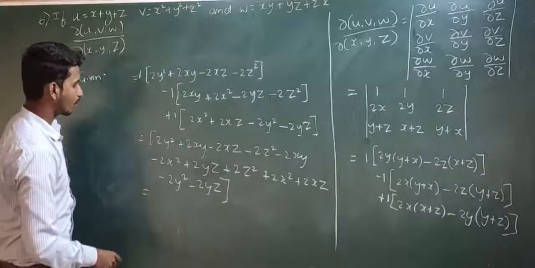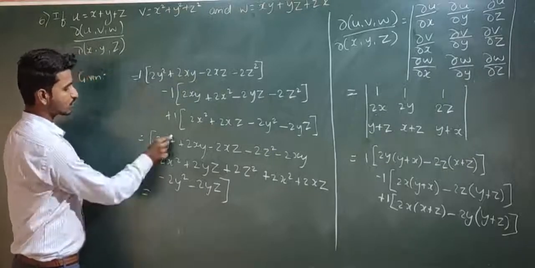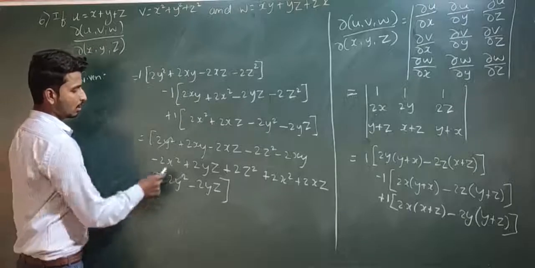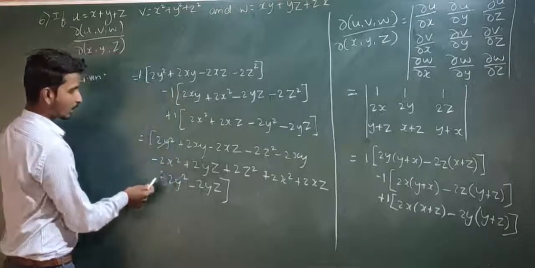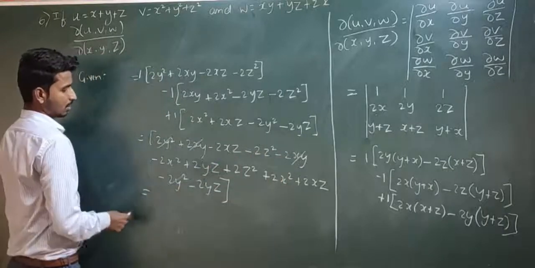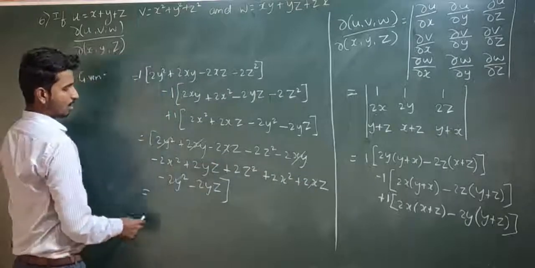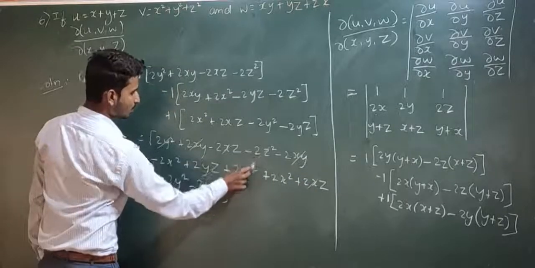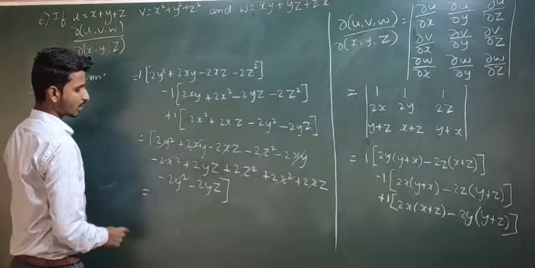Here now, plus 2y square and minus 2y square get cancelled. Plus 2xy and minus 2xy get cancelled. Minus 2xz and plus 2xz get cancelled. Minus 2z square and plus 2z square get cancelled. Minus 2x square and plus 2x square get cancelled.